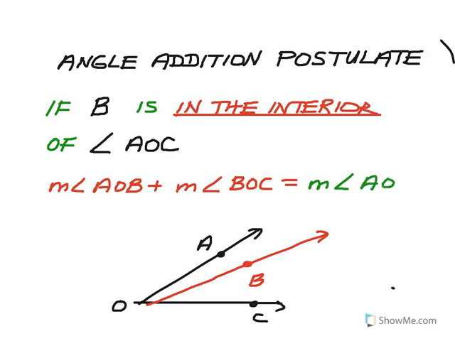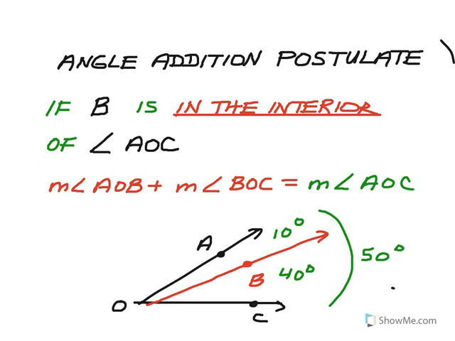So small plus small equals big. If AOB was 10 degrees and BOC was 40 degrees, then the entire big angle would be the sum of those two, or 50 degrees.